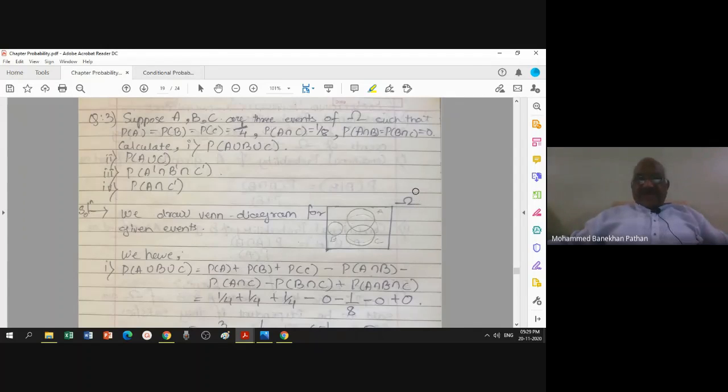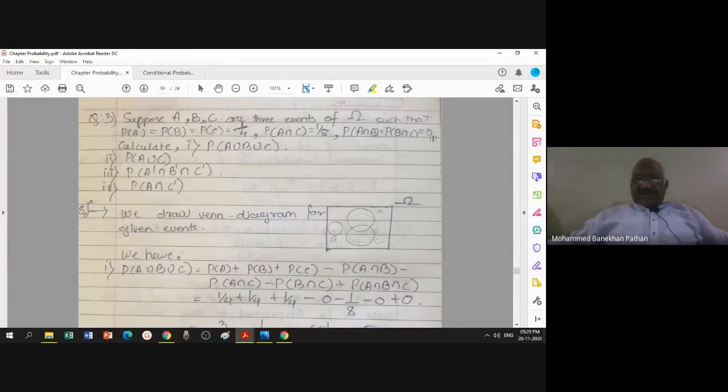You can see now what the information says to you. Probability of A intersection B equal to 0. This says there is nothing common between A and B. Probability of B intersection C equal to 0.